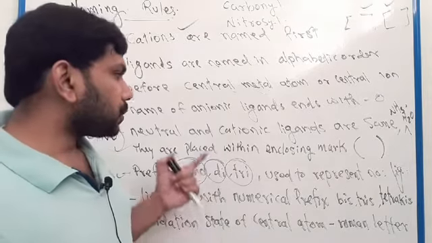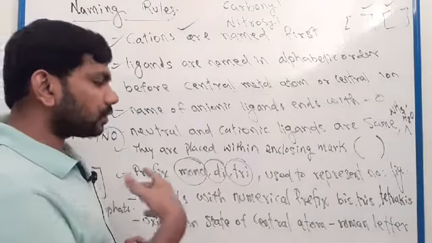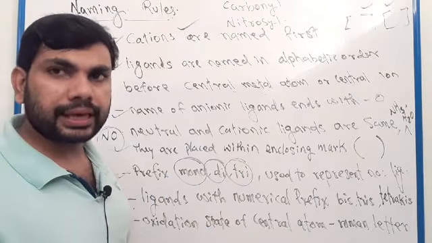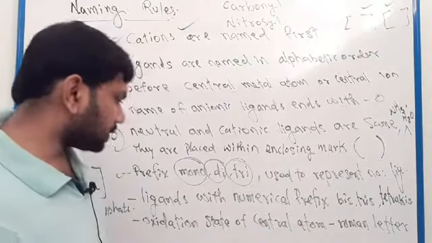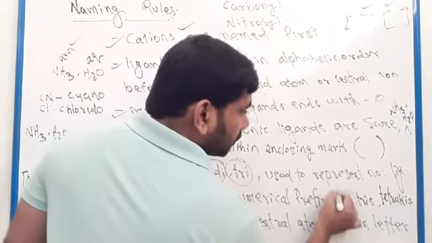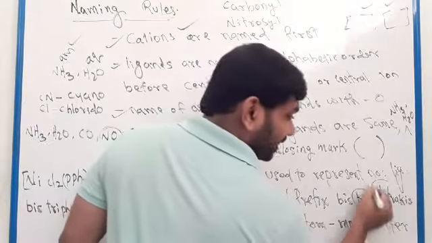So here we can use dichloro or dichlorido, triamine, but sometimes we will use bis, tris, tetrakis.